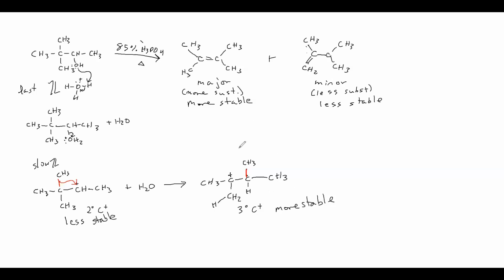Okay, so in the last step here, water is going to abstract a beta hydrogen relative to the carbocation. So this position here, when we abstract that hydrogen, the electrons from the carbon-hydrogen bond move in here to make the pi bond right there.